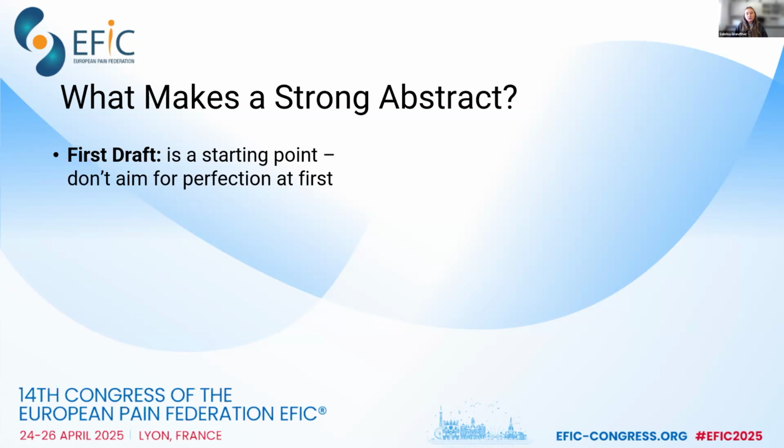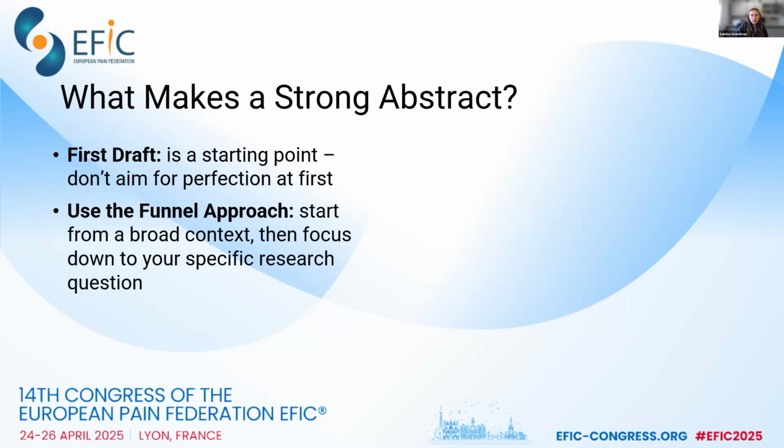And I think a very useful technique for writing an abstract is the funnel approach. You start with describing a broader context, the background of your field, and then you narrow it down to your specific research question. This guides the reader and helps to understand where your work fits into a bigger picture and also why it's relevant.